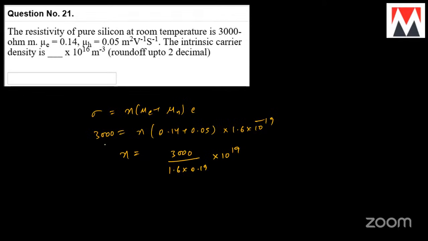Oh, did I make any mistake? Oh, resistivity is given as this. So it is 1 by 3000. So what is the value?